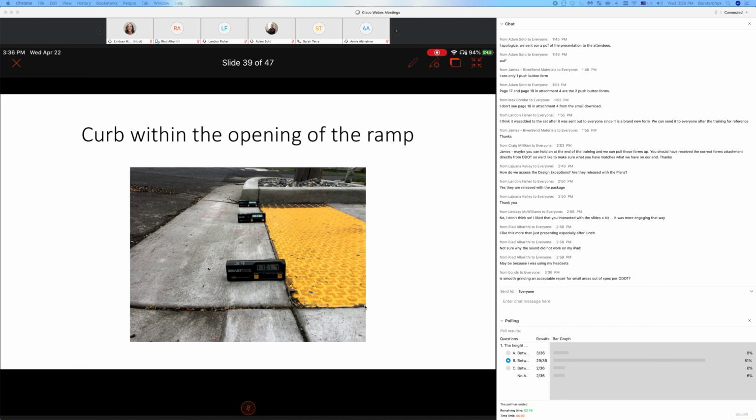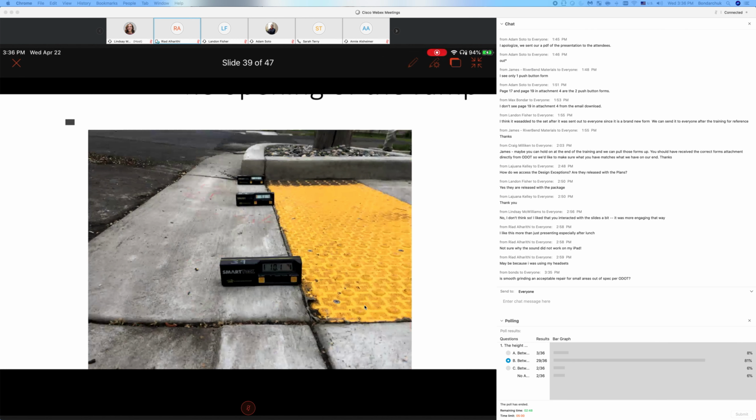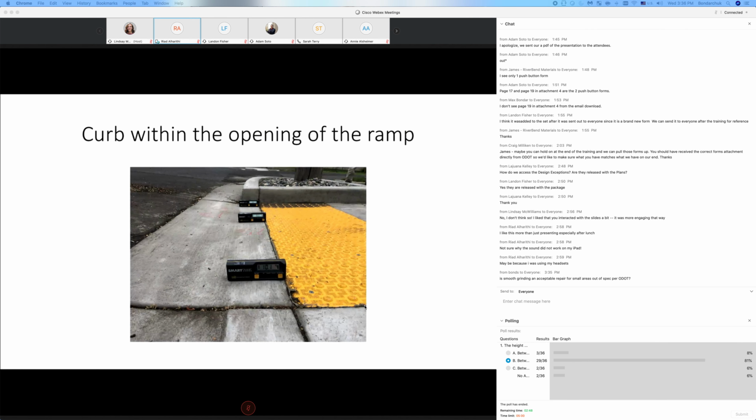Curb within the opening of the ramp. I'm drawing a blank on this. I think this is for the slope. No, the slope seems good. Adam, do you know what this means, curb within the opening of the ramp?